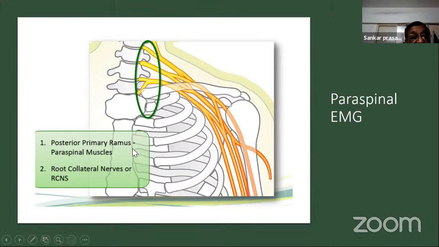That's how paraspinal EMG is done, to see whether there is any denervation pattern, whether there are any fibrillation potentials or positive sharp waves. Nothing else can be done in the paraspinal muscle. Just put a needle in and see whether insertional activity is normal or abnormal, and whether there is any spontaneous activity.